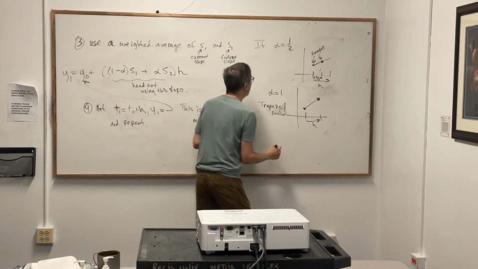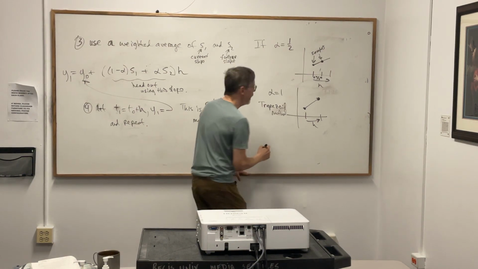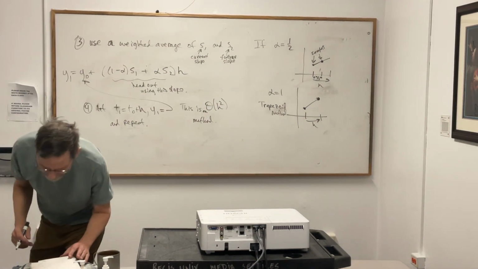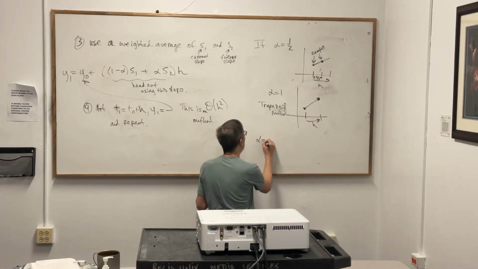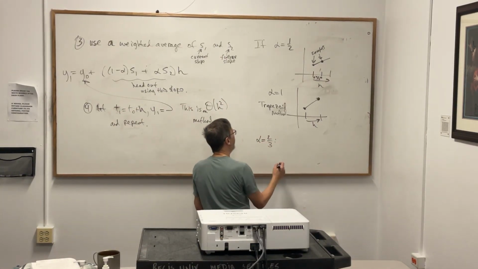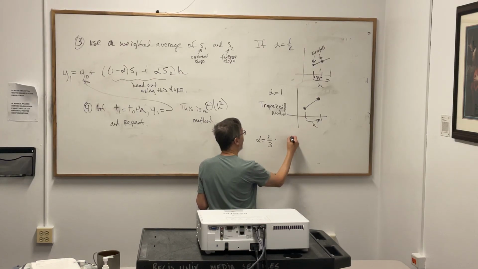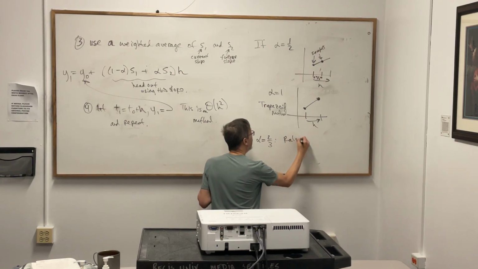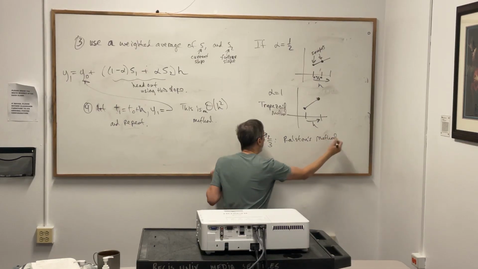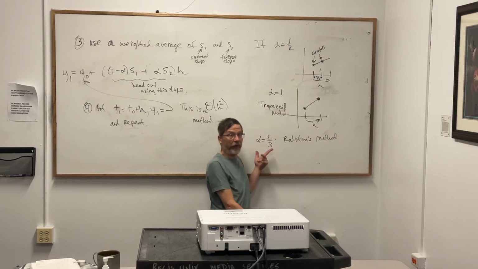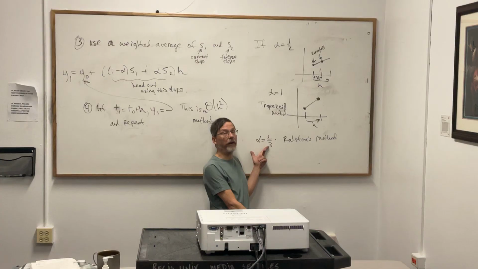And then lastly, what was the Hans method? Alpha equals 2/3. Oh no. If alpha equals 2/3, this is called the Ralston method. Ralston's method. And it turns out that this is the most efficient alpha you can use.